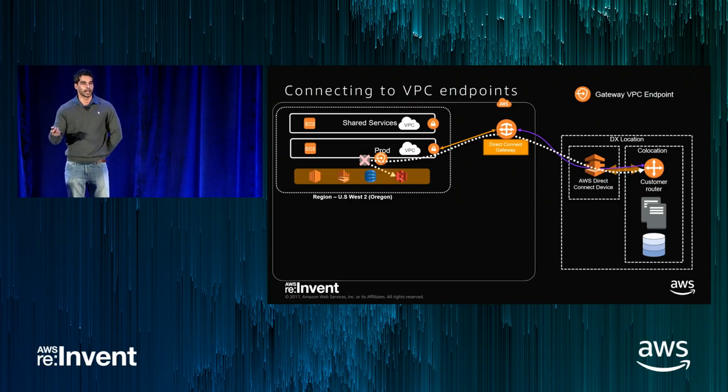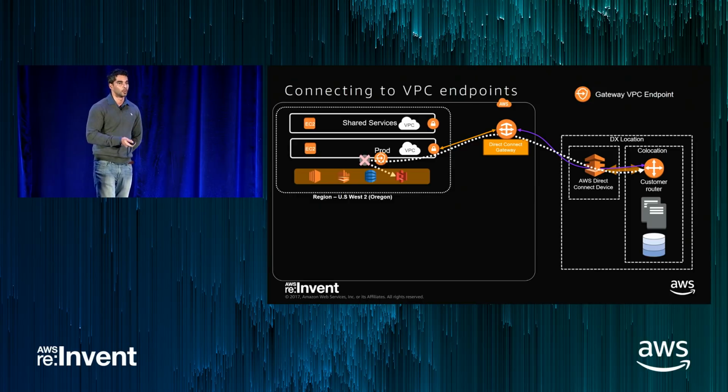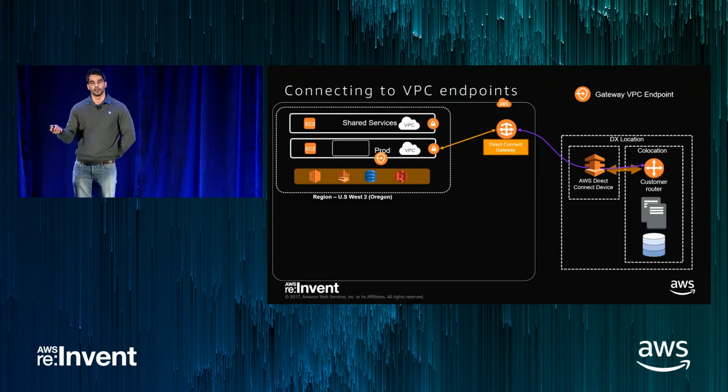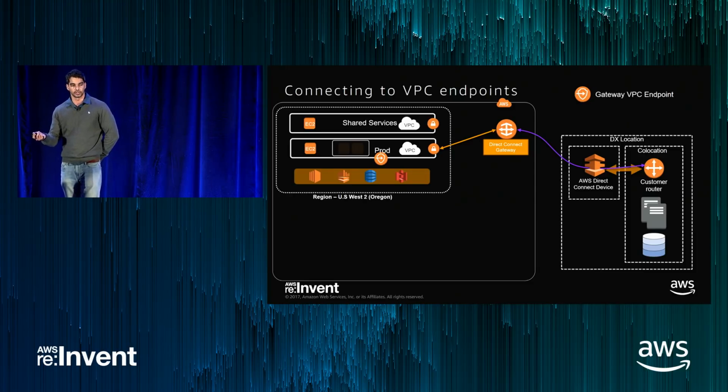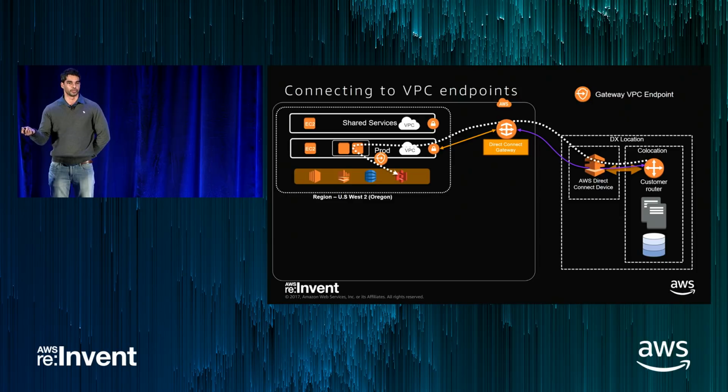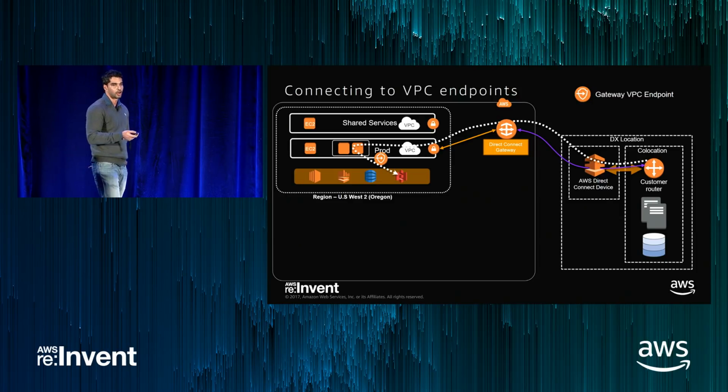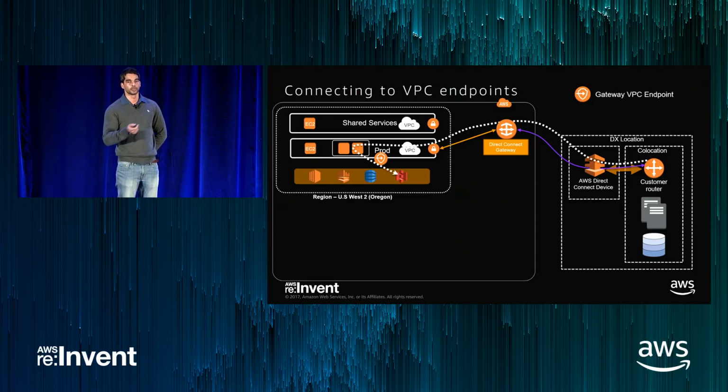So you cannot access Gateway VPC endpoints over Direct Connect. You can, however, build a fleet of proxy instances in your VPC and proxy all traffic from your on-premises networks. But be mindful that you need to configure your on-prem devices to use this proxy, so this is not a transparent process.